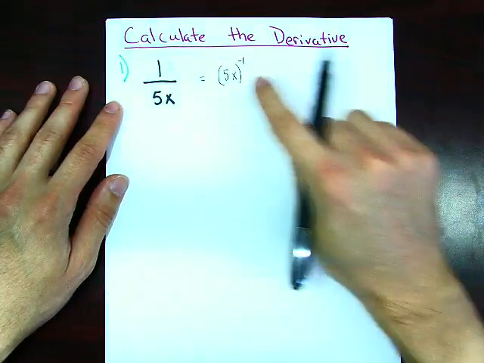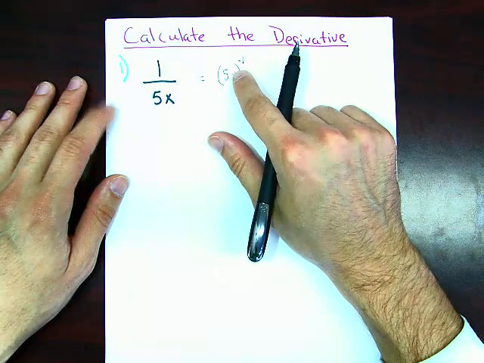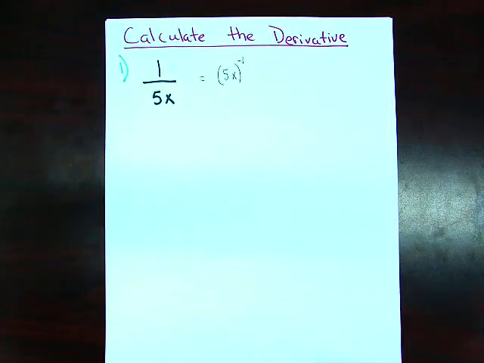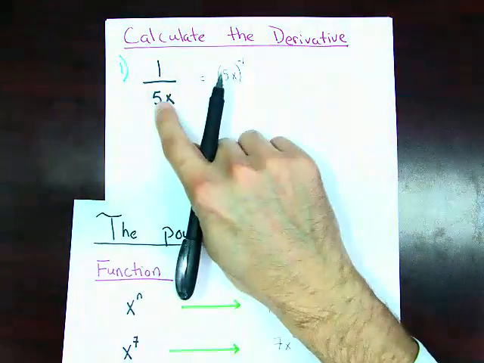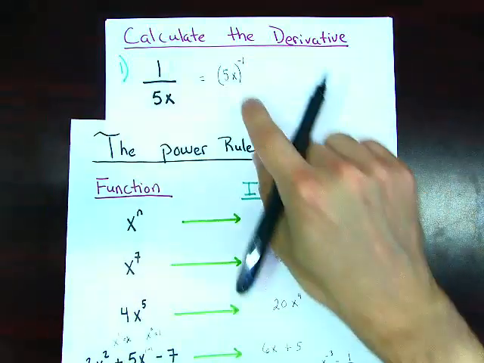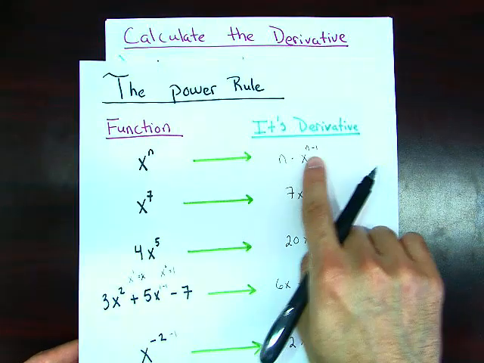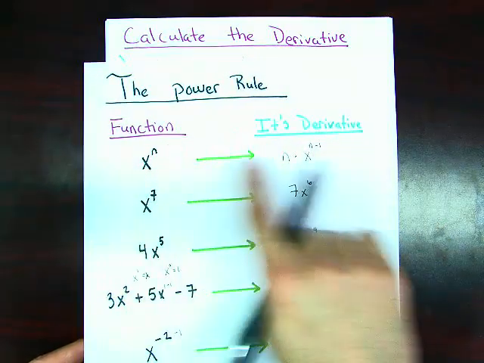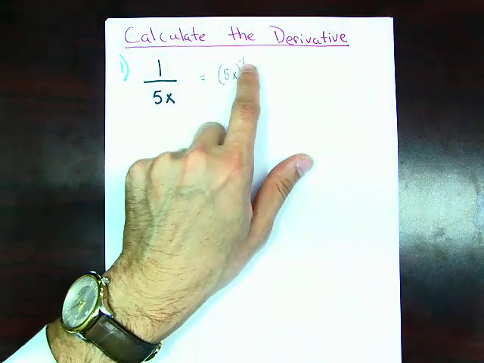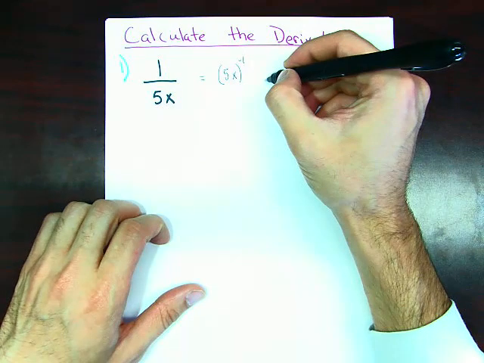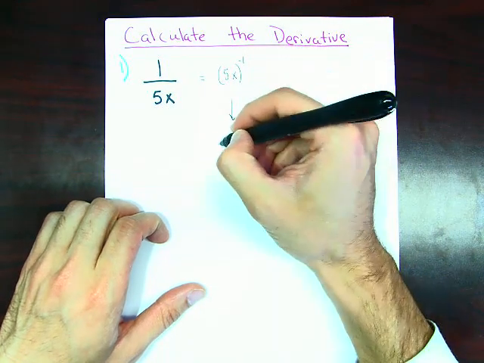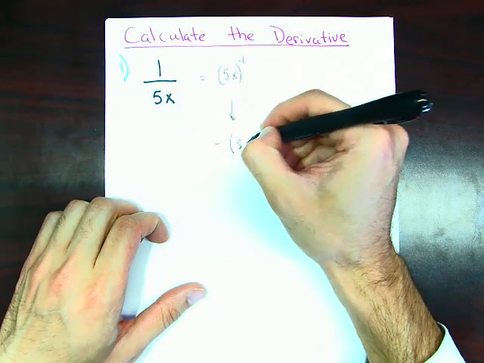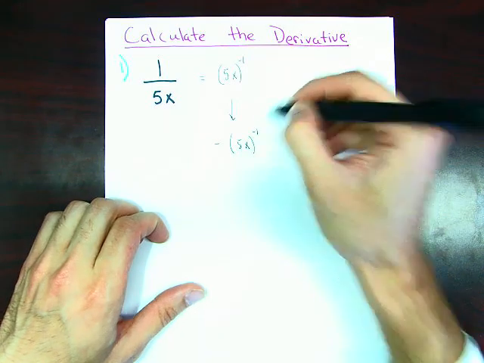Okay? Now that you have this in this type of form, getting it into this form is the tricky part, because once it's in this form, then we could just do our derivative rule, right? It's just the n goes to the front, and then the n minus 1. So here, this just becomes, what does it become? It becomes negative 5x to the negative 1.